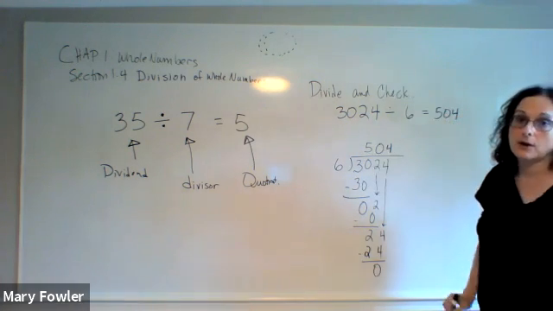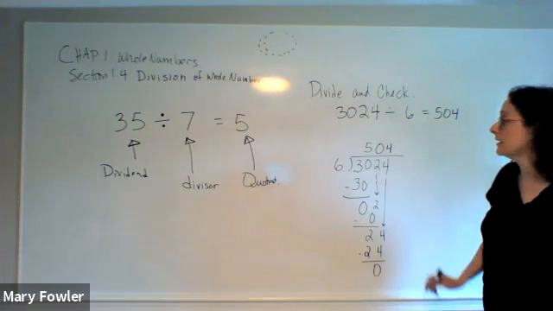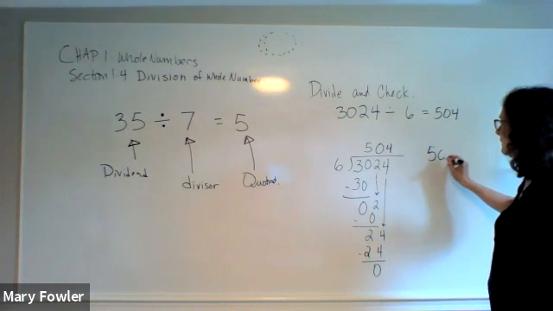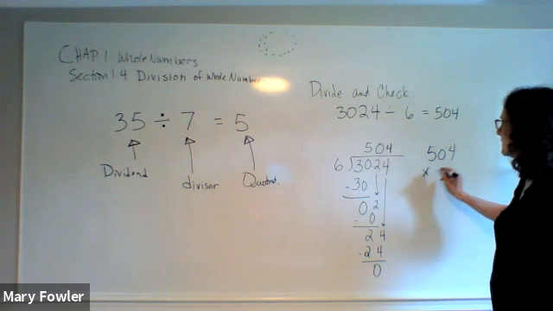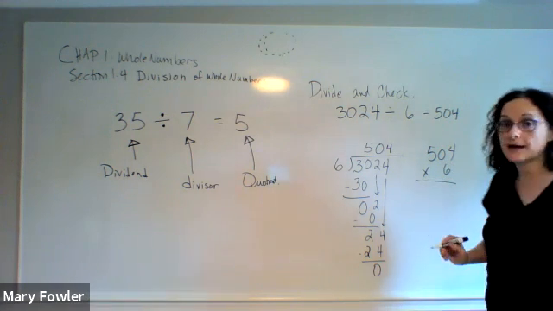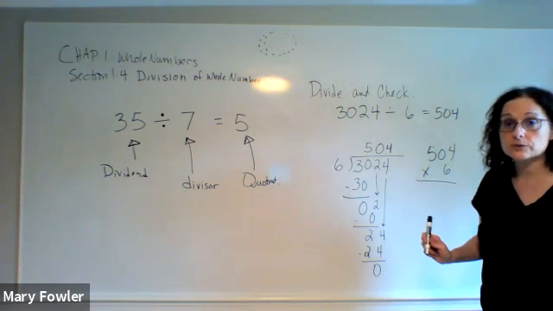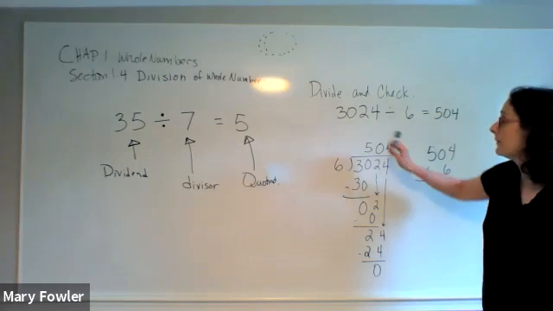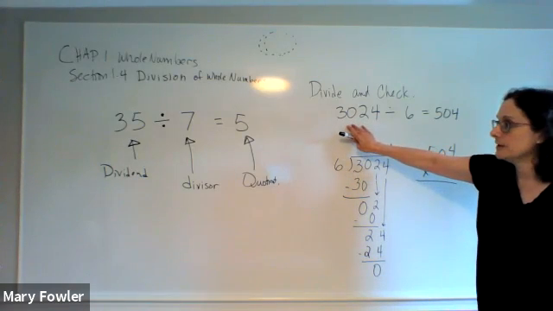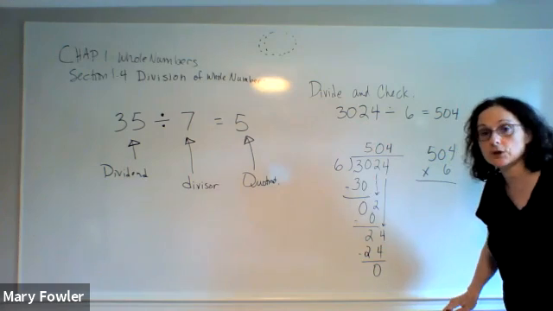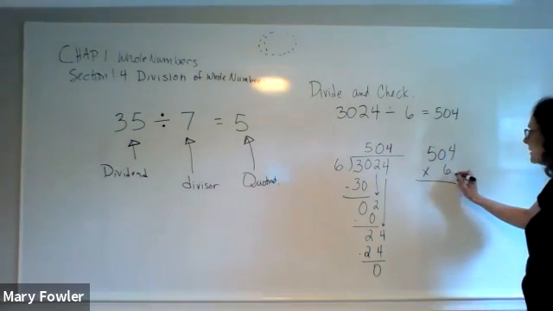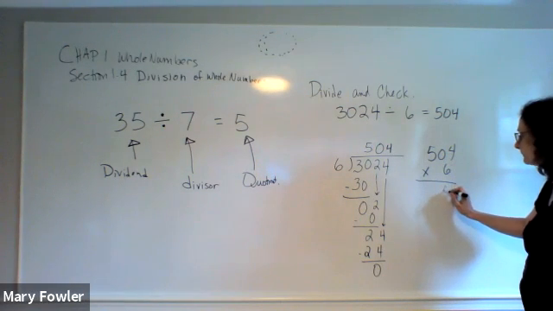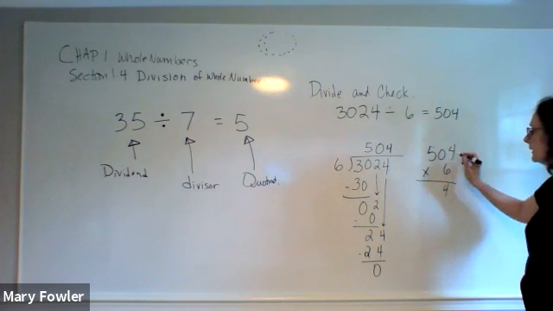The problem also asks us to check. So let's go ahead and check 504 times 6. If we got it right, when we do this multiplication, we will come back out with the dividend, the 3024. Okay, 6 times 4 is 24.